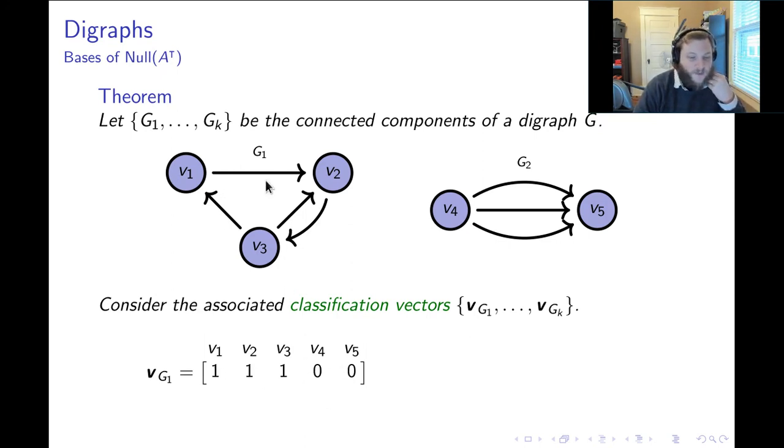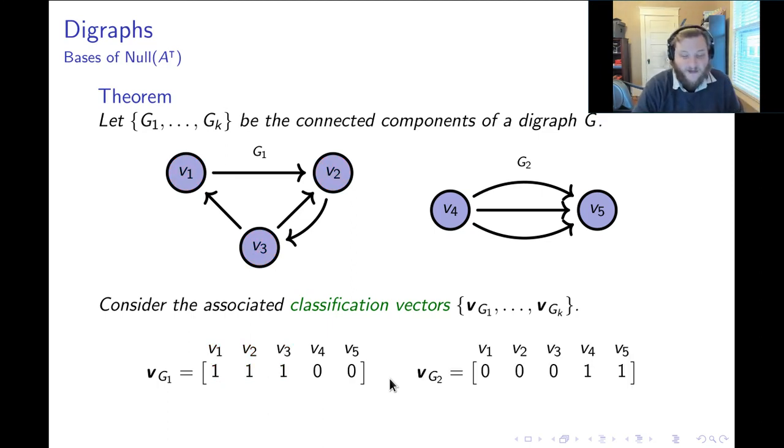So here, the first connected component is home to the nodes v1, v2, and v3. So the vector we're interested in here is 1, 1, 1, 0, 0. So the first connected component is home to the first three nodes. So we put 1s in those positions and 0s everywhere else. We have two connected components though, so we need a second classification vector.